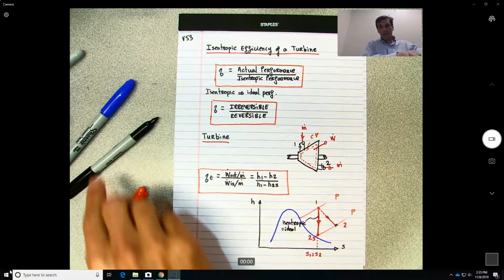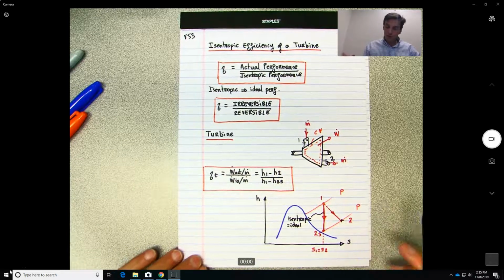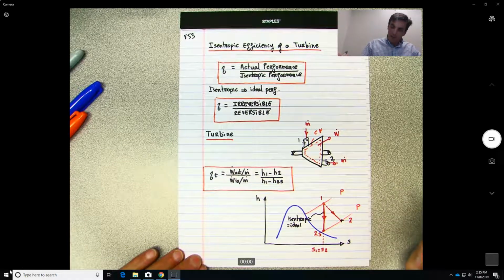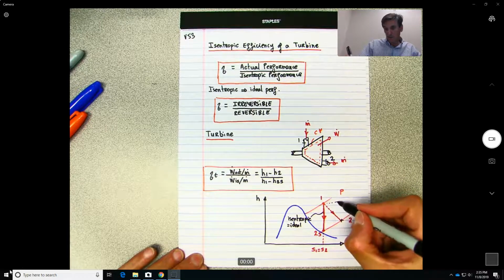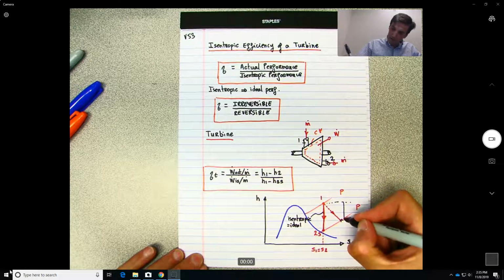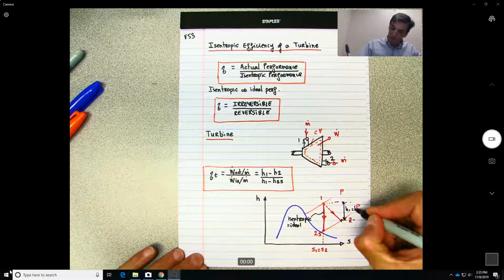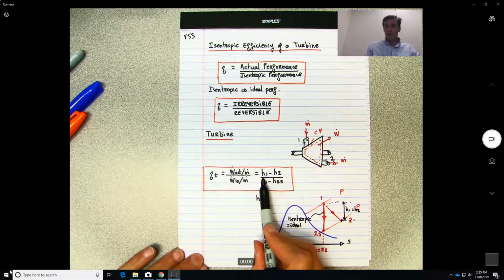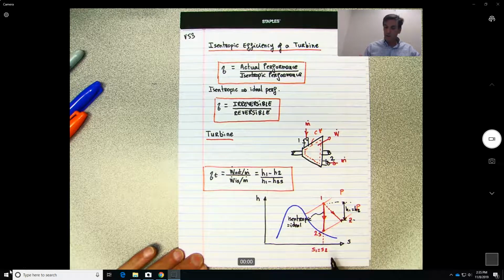All right. So just from the figure, the efficiency will be equal to what? The efficiency is just equal to the change in enthalpy between this point and this point. This will be H1 minus H2, and you see that's why it's H1 minus H2 and not H2 minus H1, because H1 is larger.